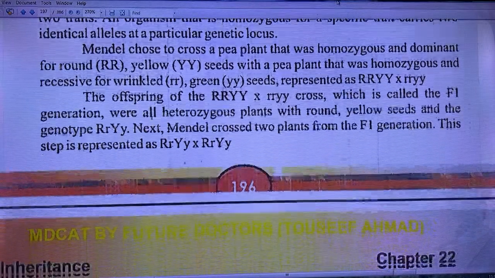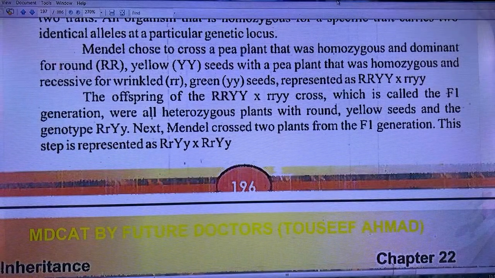The offspring of this cross, which is called the F1 generation, the first filial generation, were all heterozygous plants with round yellow seeds. And the genotype is capital R, small r, capital Y, small y. Next, Mendel crossed two plants from the F1 generation, the first filial generation.